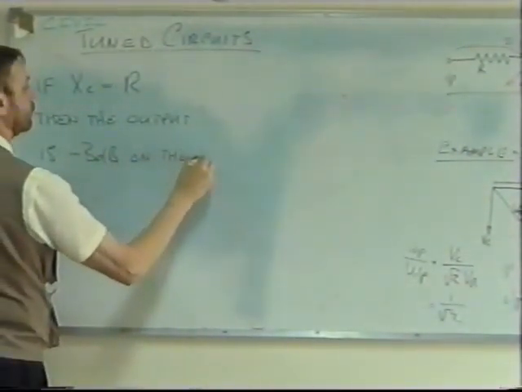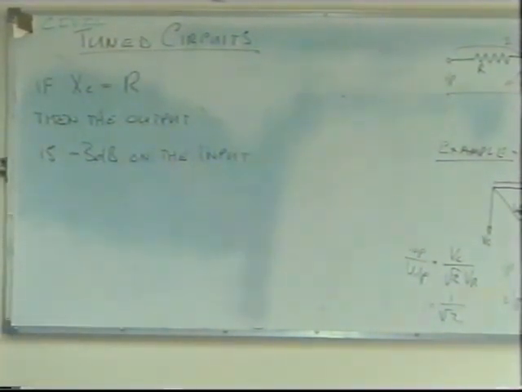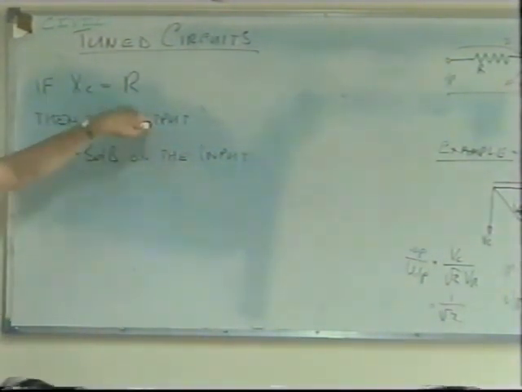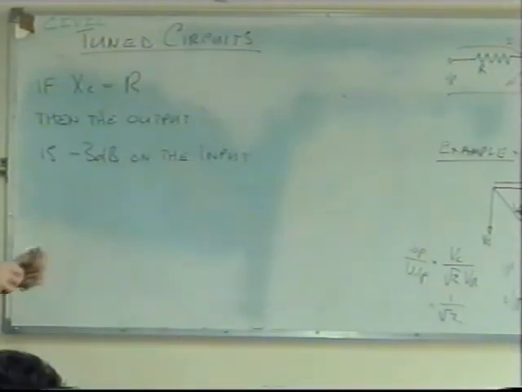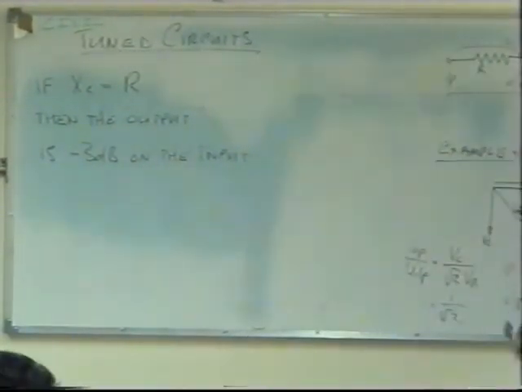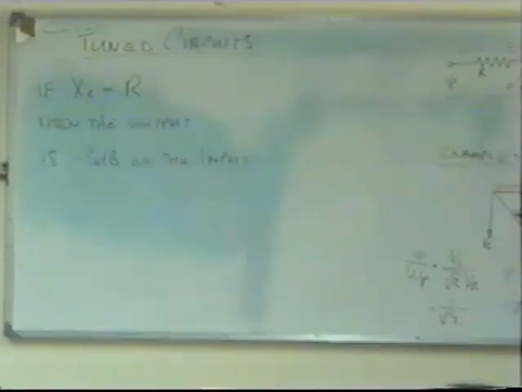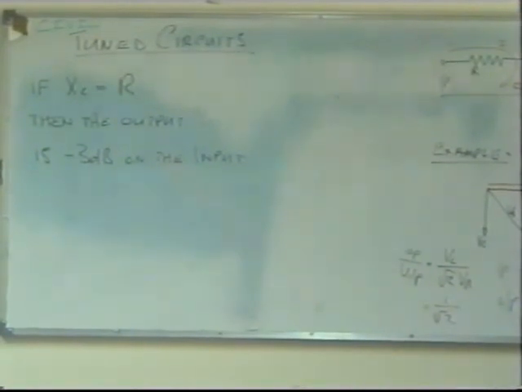There's 2 or 3 ways you can do this. We did it last week, I think. Well, I haven't changed that. I've said if XC equals R. That's all I've said. Now we can see how the frequency is going to be affected by this. In other words, if I gave you the value of R and the value of C, then you should be able to find out what frequency the half power frequency is for this.